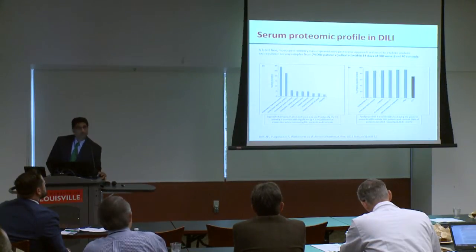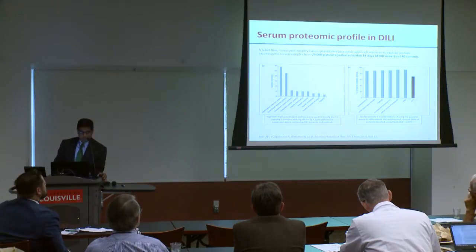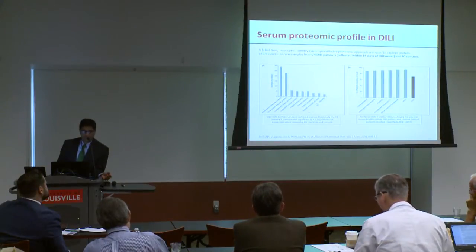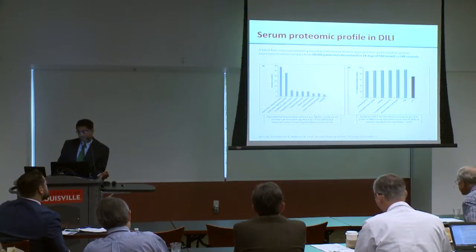We then compared with regard to controls, and we saw that the proteomic profile that was significantly different between controls and patients with drug-induced liver injury was again related to the complement system, inflammatory response, cell death, and the coagulation system.